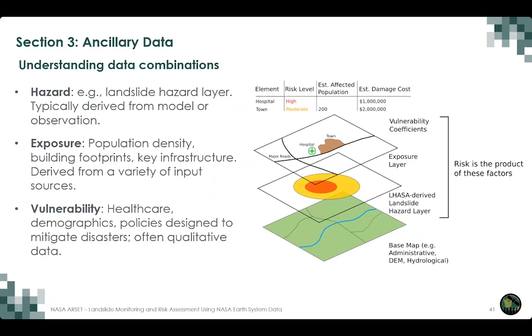For example, for a hospital, given a hazard and an exposure level, you would get a value between 0 and 1, where 1 would be total destruction and 0 would be negligible destruction. A vulnerability coefficient could drive that. You'd multiply all those things together to produce an estimated impact, which could be either a damage cost or population for each of these elements. That's how we think about this overall combination of data sets.